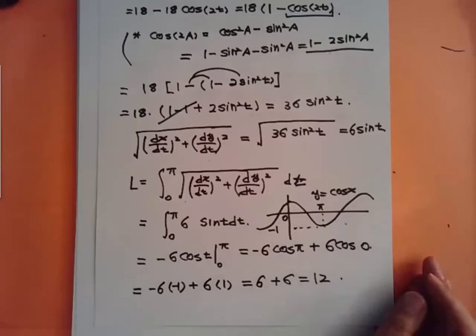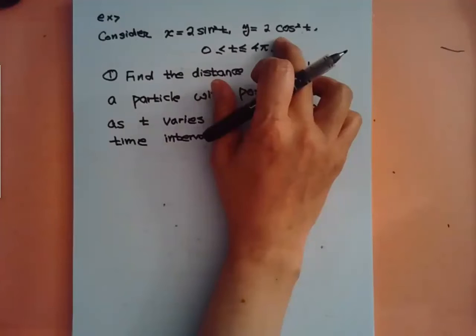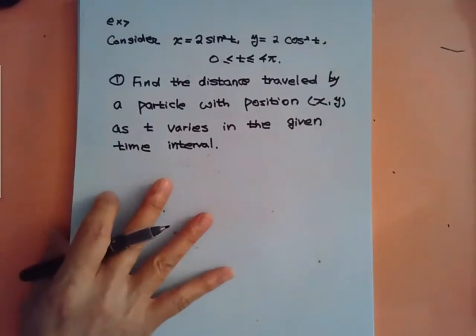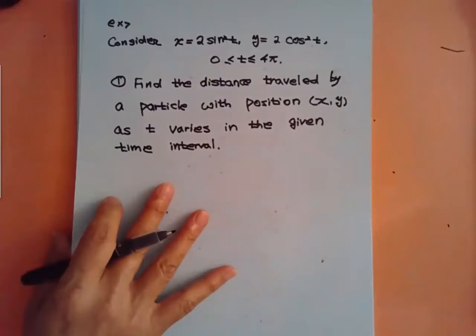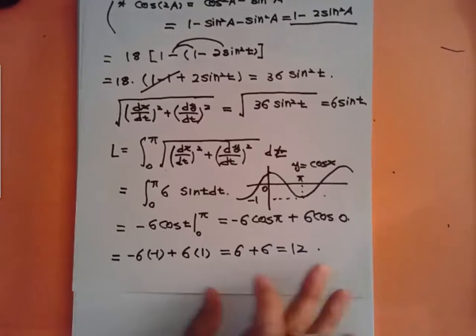Which one are you talking about? Wouldn't it be cosine 3t? Are you talking about this, Ellen? In the previous problem, which part are you talking about?